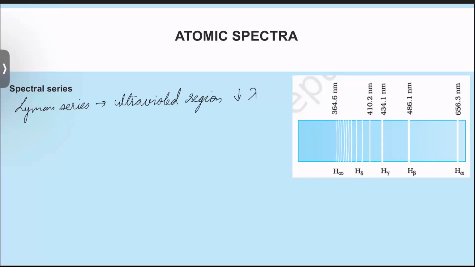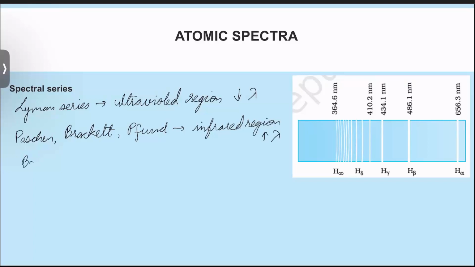And your Paschen, Brackett, and Pfund series are in the infrared region. These are the higher wavelengths.